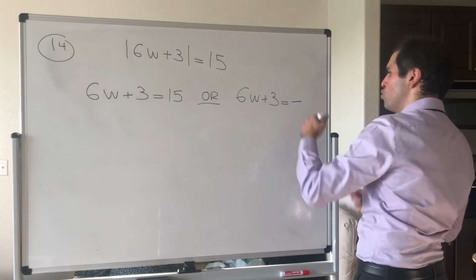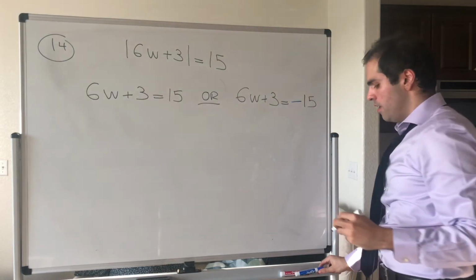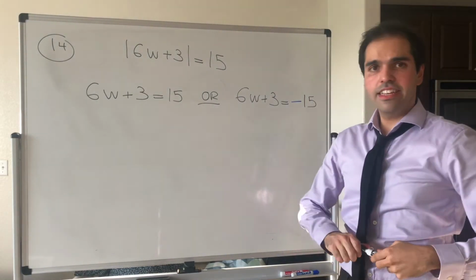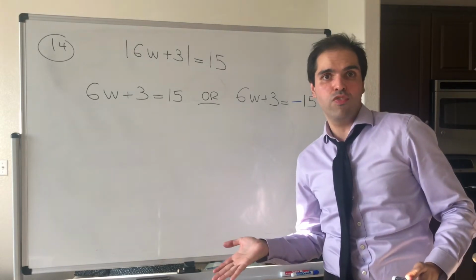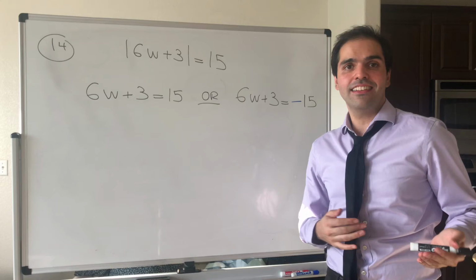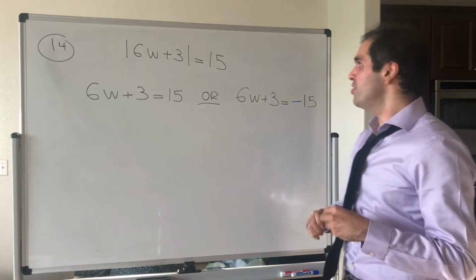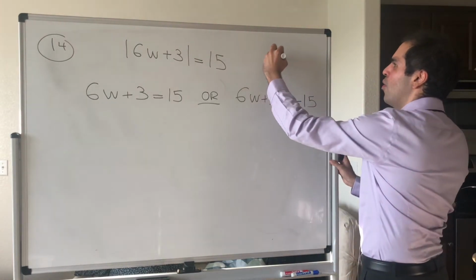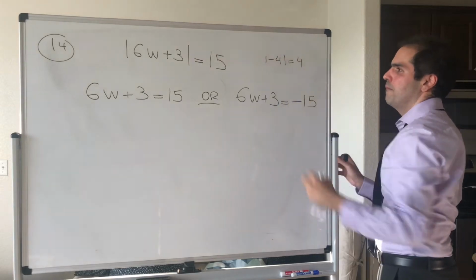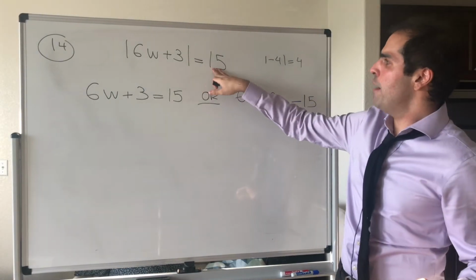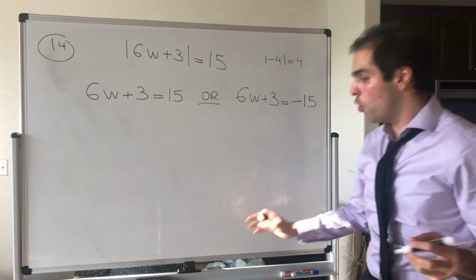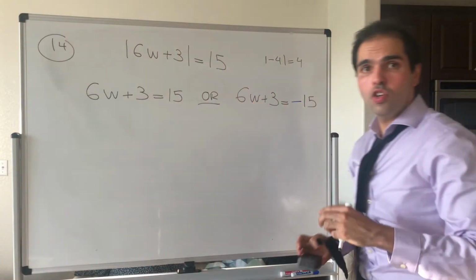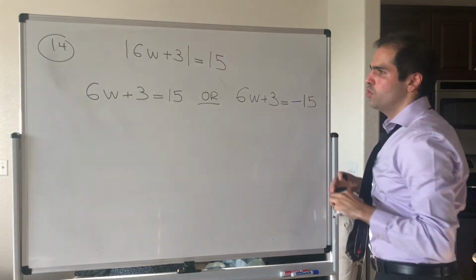So super important. If, let's say, absolute value of x is 4, it could mean that x is 4, but it could also mean that x is minus 4. Because if you take absolute value of minus 4, it's still 4. So very important. If absolute value of a number equals 15, that number is 15 or minus 15. And so we have two separate equations to solve.